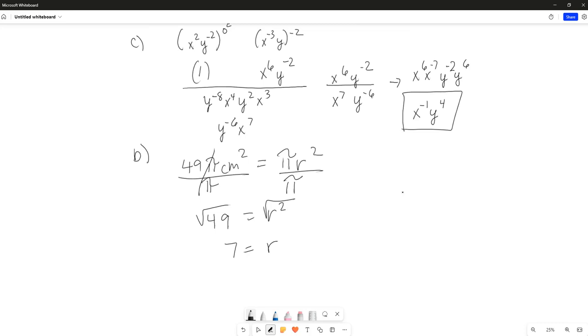So the radius is 7. And then the circumference is 2 times pi radius. So 2 times pi times 7. So 14 pi centimeters.